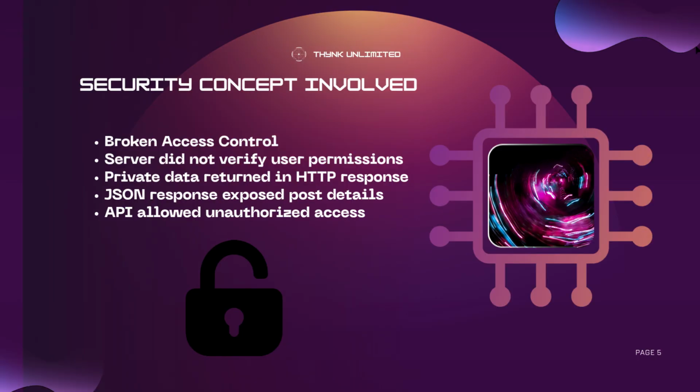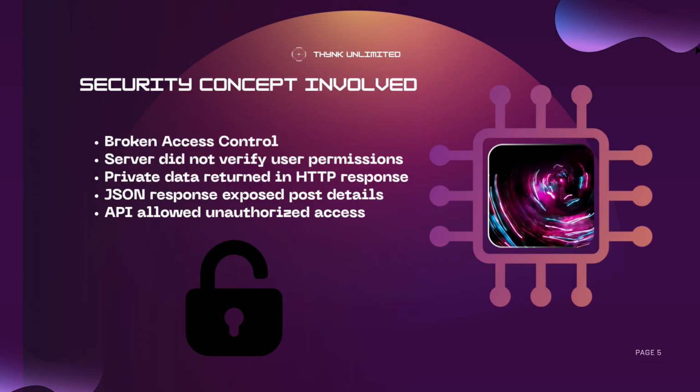This vulnerability is an example of broken access control, which is one of the most critical security issues in modern web applications. Broken access control occurs when a system fails to properly enforce restrictions on what users are allowed to access. In this case, the server did not verify whether the user had permission to view the requested private post.